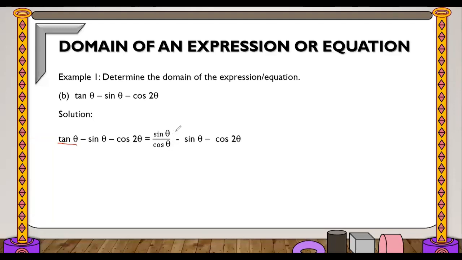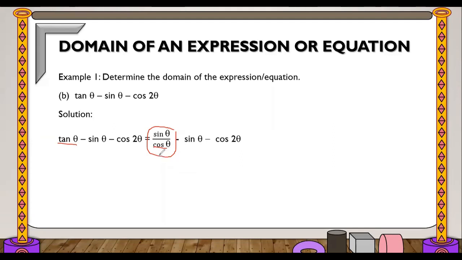So, dito sa part na to, magkakaroon ngayon ng restriction. Ang magiging restricted portion ay yung denominator. Ang guidelines kasi natin kapag rational expression, the denominator is not zero. Kasi pag nag-zero yung denominator, magiging undefined yung ating expression. Okay?